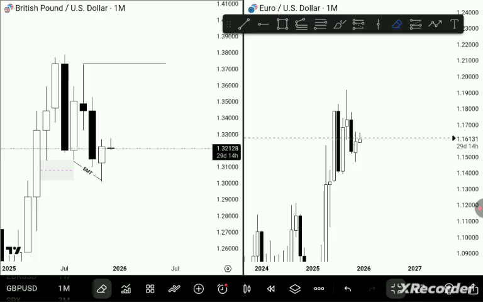I've seen people DMing me saying send us signals, send us signals. I don't send signals. I provide information that can help you as a trader. Personally, I do not send signals. I feel like signals are just a scam. There's no such thing as signals.